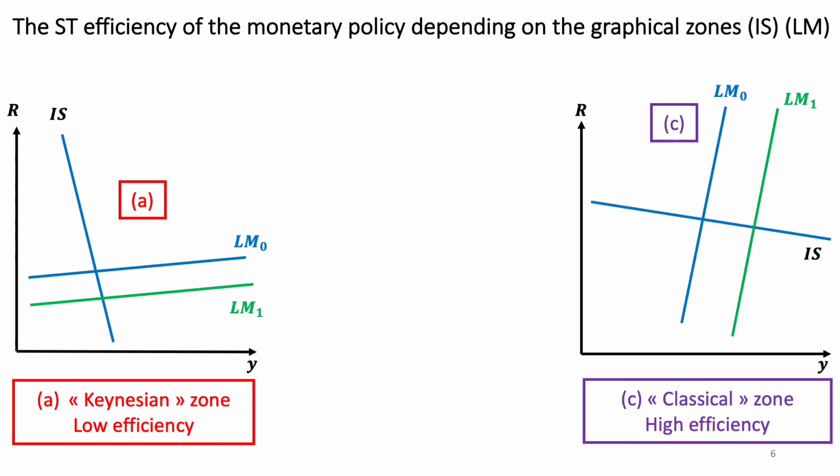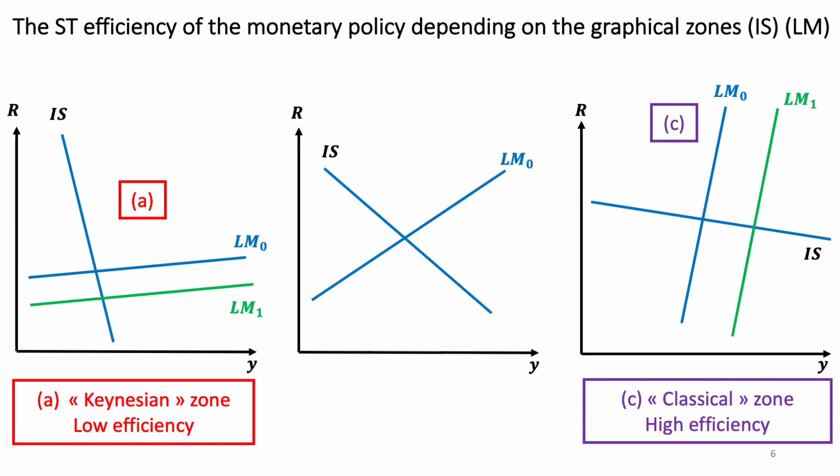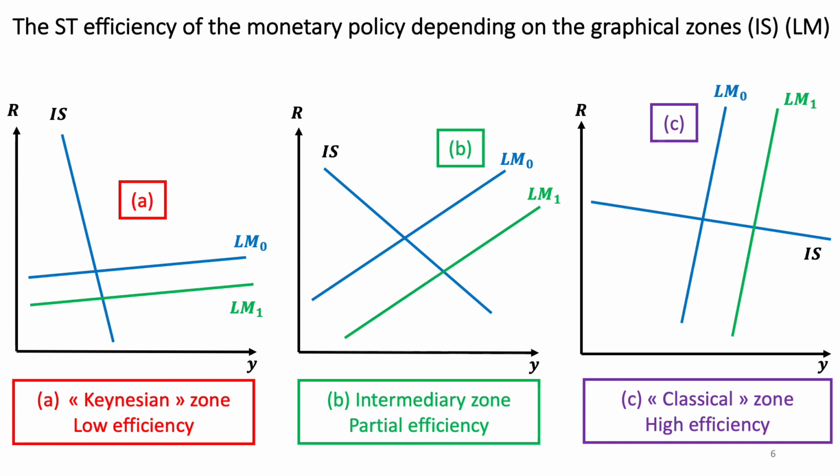In the classical zone, the efficiency is rather high, even maximal in the situation of the classical cross. In the intermediary zone, we have partial efficiency of the monetary policy. Once again, remember that here we are in the short term with fixed prices and wages.